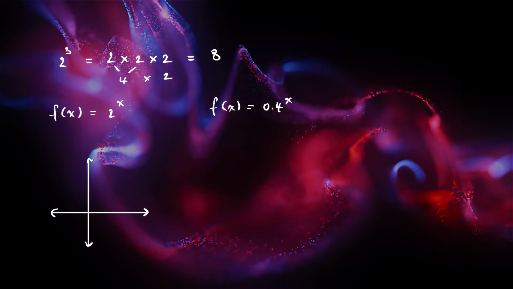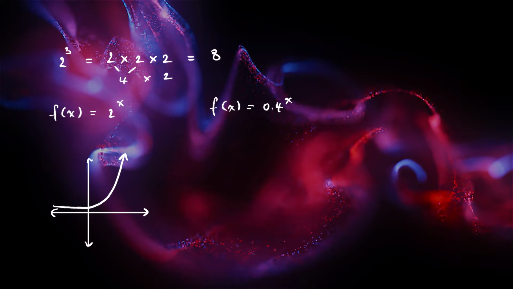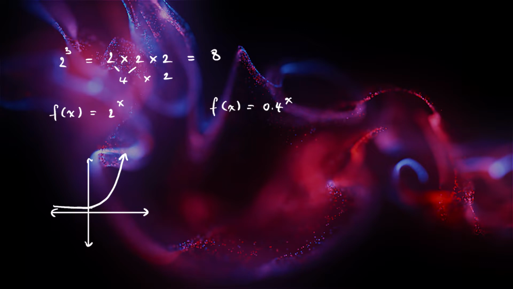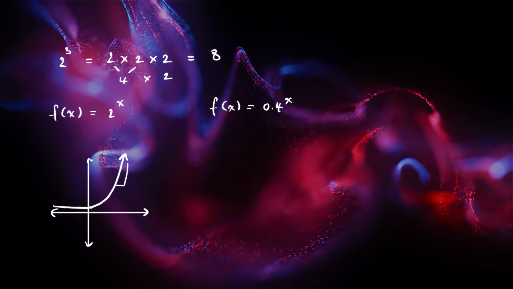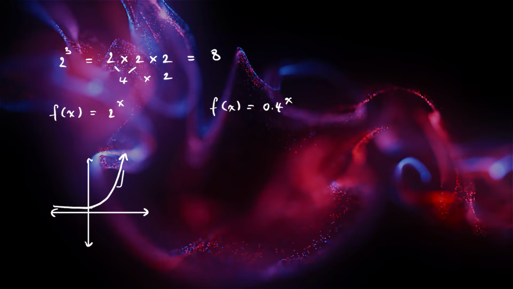As the values of x increase, we see a rapid increase in our output. As our input values increase towards infinity, our output values get closer and closer to infinity. So the increase here is significantly more than the increase down in this region here.